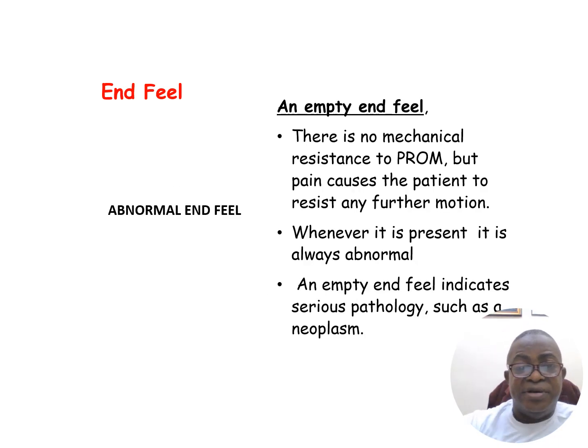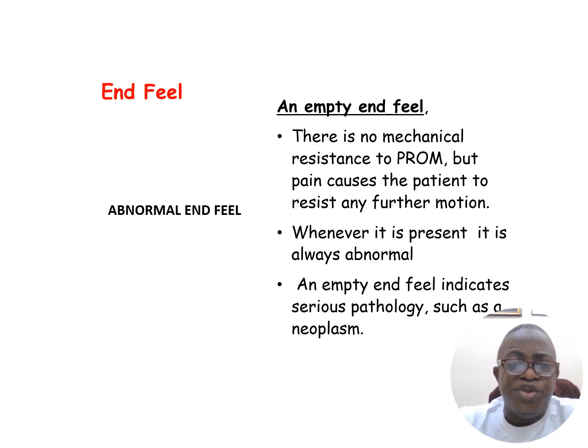Another abnormal end feel is when a therapist is attempting to evaluate the end feel and suddenly the patient feels so much discomfort and withdraws part of the body from the therapist to resist further motion. So that will be called an empty end feel. That is also abnormal, and it only happens in cases of extreme pain due to cancer or neoplasms.